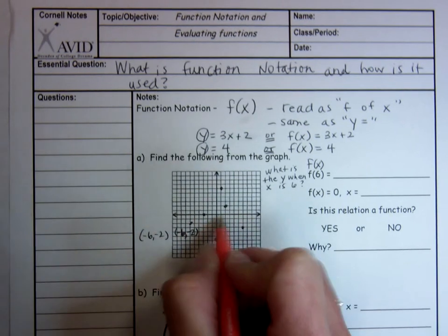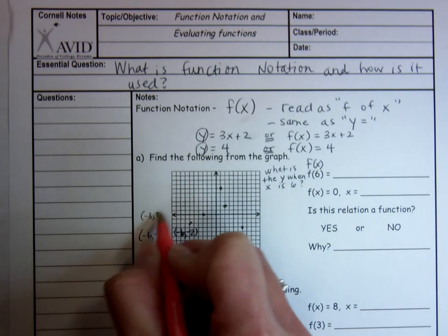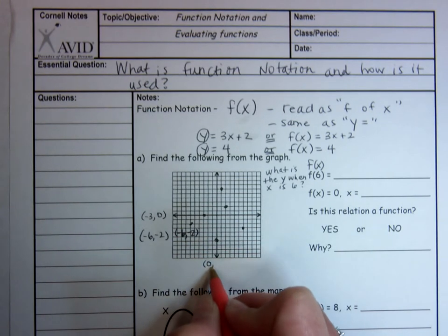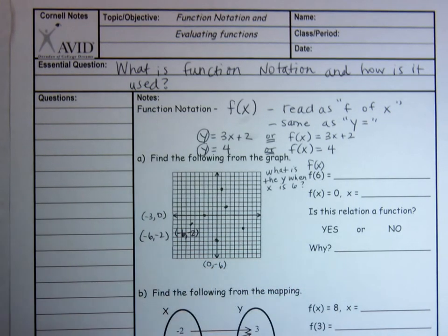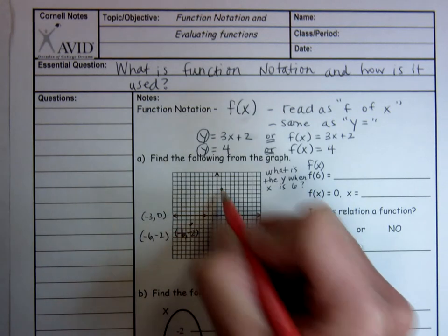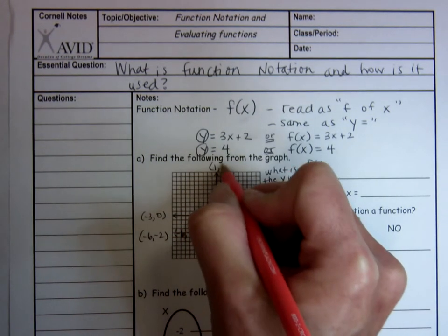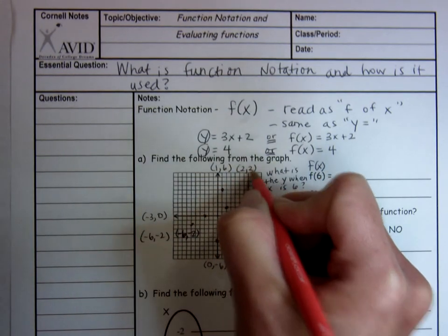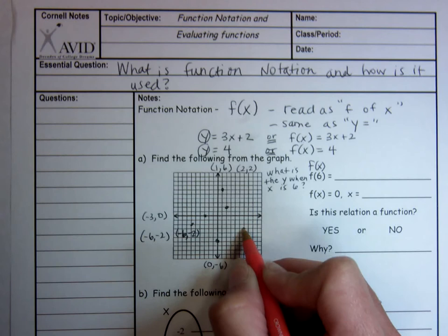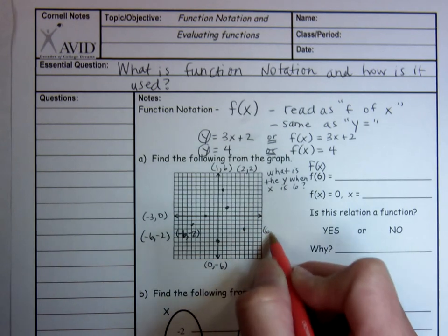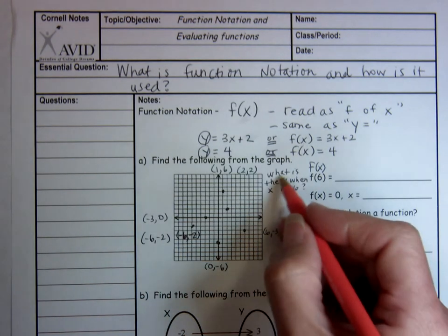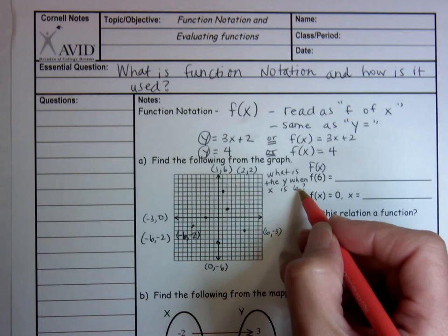On this one, we have -3 and 0. For this one down here at the bottom, we have 0 and -6. For this one right here, it's 1, 6. For this one, it is 2, 2. And for this one, it is 6, -3.